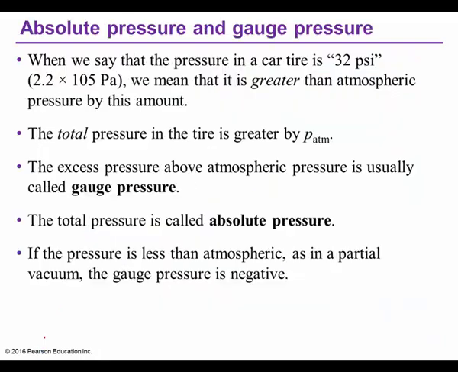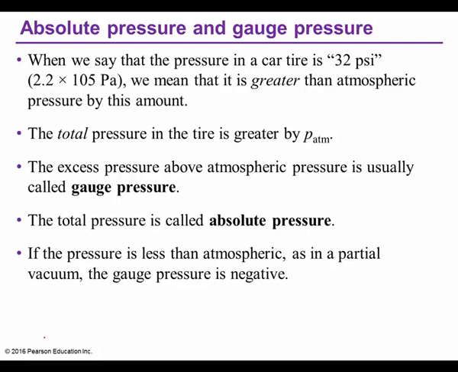1 Pascal, all right? So, absolute pressure and gauge pressure. When we say that the pressure in a car tire is 32 psi, which is equivalent to 2.2 times 10 to the 5th Pa, we mean that it is greater than atmospheric pressure by this amount, pounds per square inch. So the total pressure in the tire is greater than the atmospheric pressure.